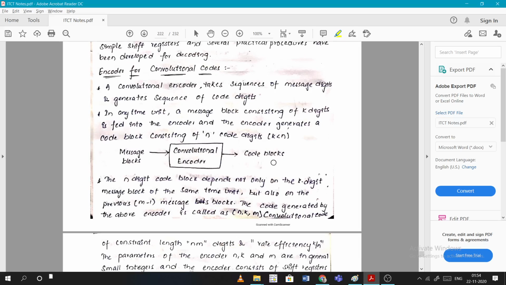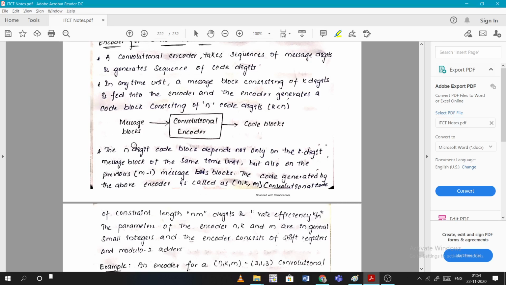When a message block is sent through a convolution encoder, it will generate a code block, the same as a code vector in a block code. So if you send k message bits into a convolution encoder, we will get an n-bit code block, because n minus k redundant parity bits are added to the code. That's why it generates n bits of code block.